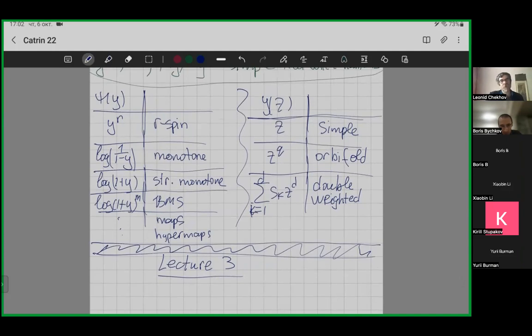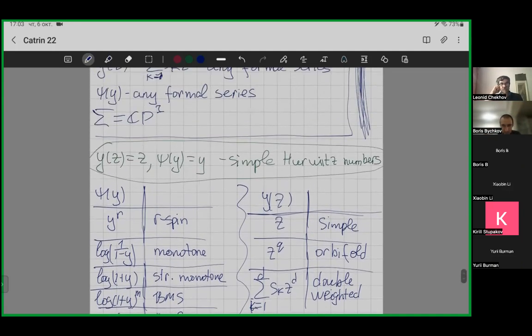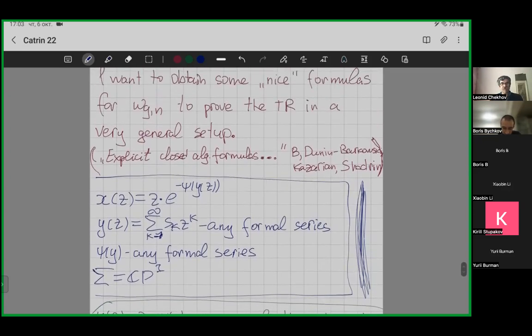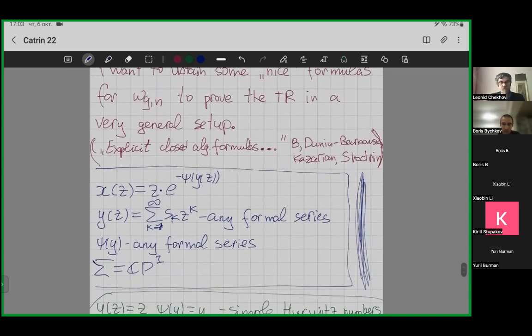Yes, thank you. So yesterday I did some reformulation of topological recursion and started to generalize the problem from, say, Hurwitz numbers to these generalized double weighted Hurwitz numbers. And here you see I adjusted my notes from yesterday.